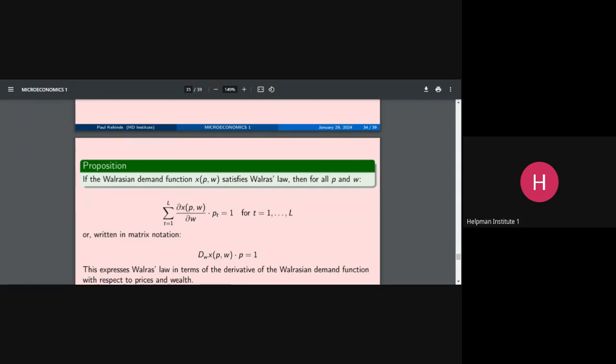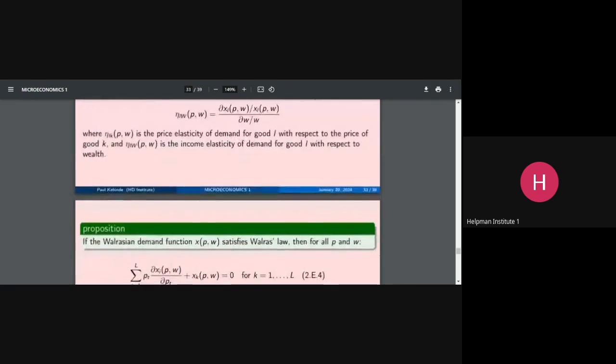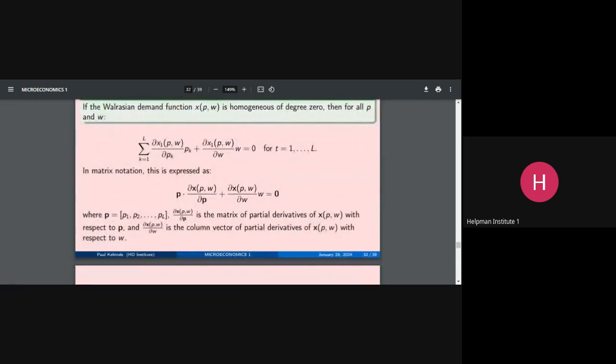We know what Walras' law says: the product of price and certain commodities equals the weight. So whenever we have that, we can also have a matrix that looks like this. This is the weight effect. The weight effect equals one. It is constant; it remains unchanged. That's what this proposition is saying. So let me quickly provide the proof for some of this.